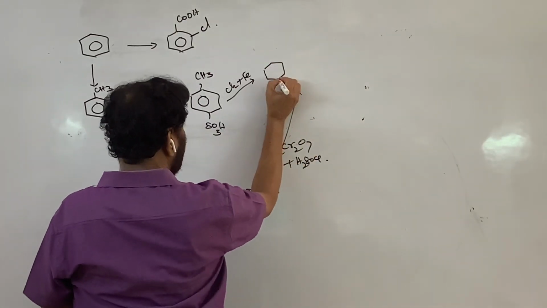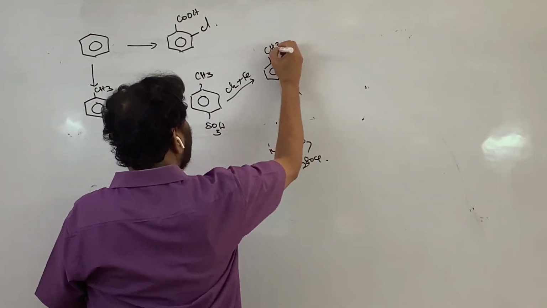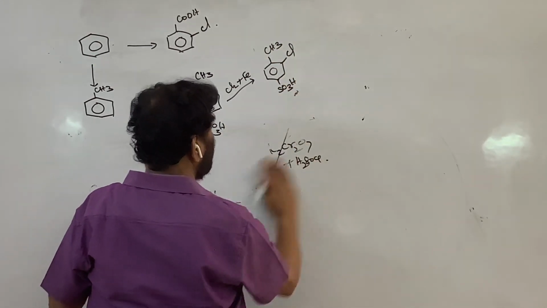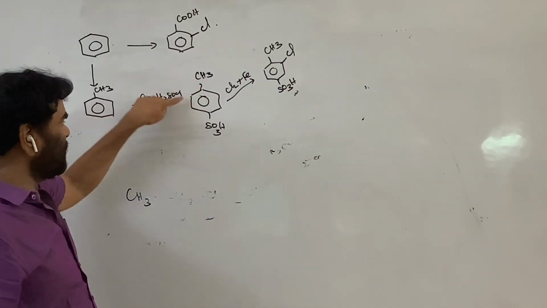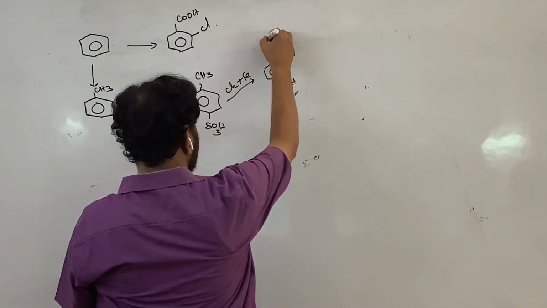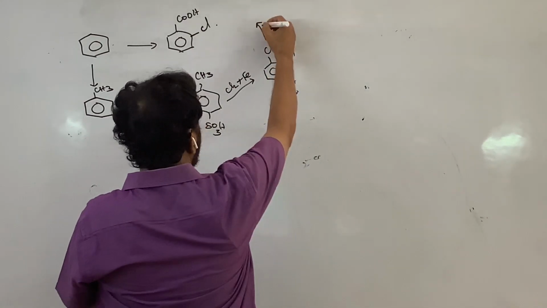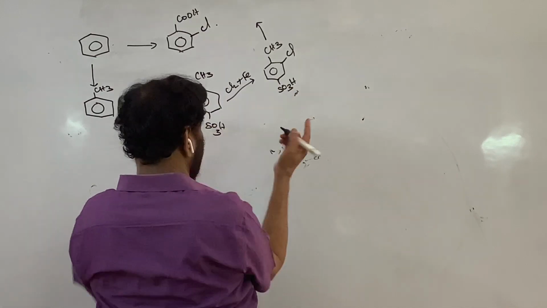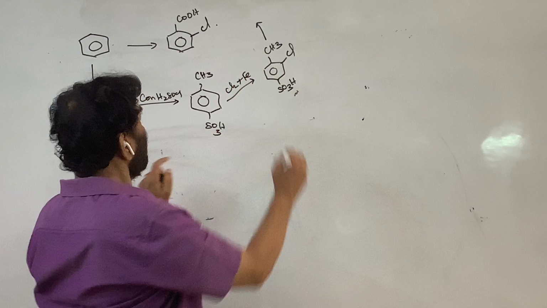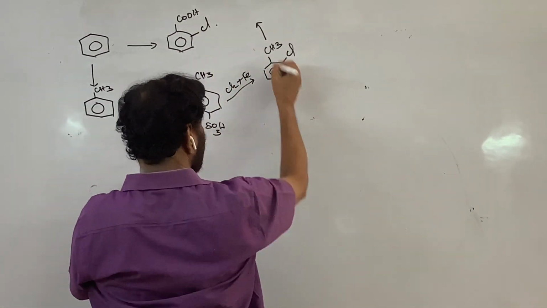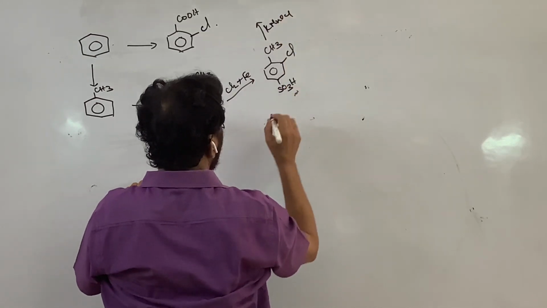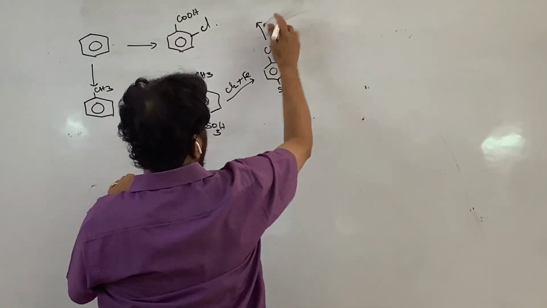So the only leftover position is the ortho, and chlorine goes to the ortho position because para is locked. Now you have to remove the SO3H group and convert the methyl group with KMnO4. Treat with steam.